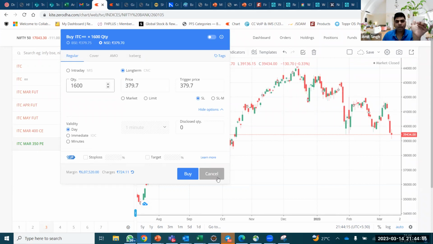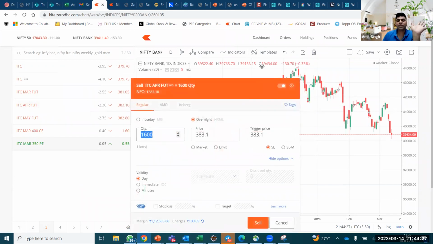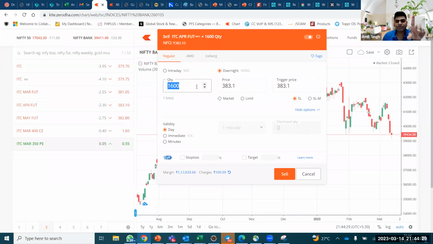Clear? And in parallel, he will short the March future or April future. So he will go with April, taking 2 months of time, and he will sell the future. He sells 1 unit. He's not buying the future, he's selling the future, and he's putting 1.12 lakh in futures.